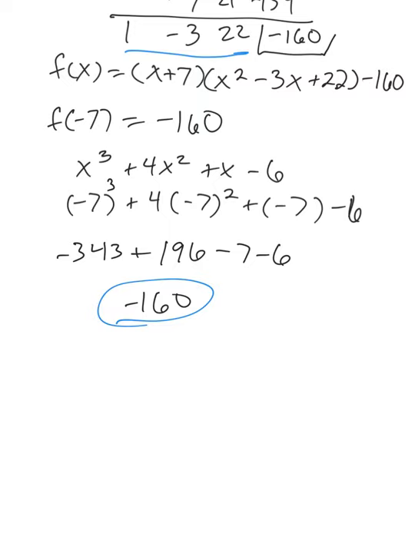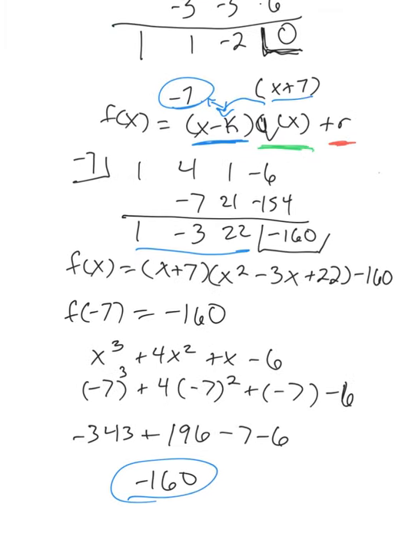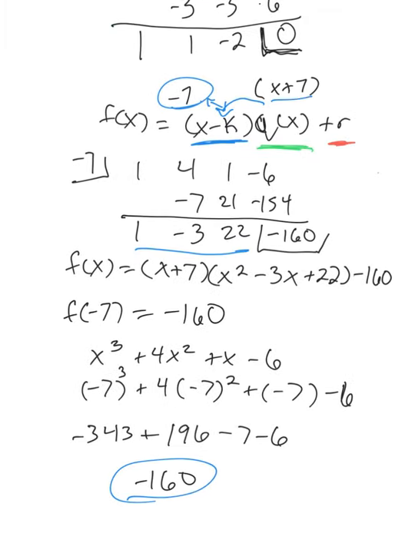The remainder theorem just says that instead of putting the actual number into our x, we could just use synthetic division, and whatever our remainder is will also be our value. So this and this are one and the same.